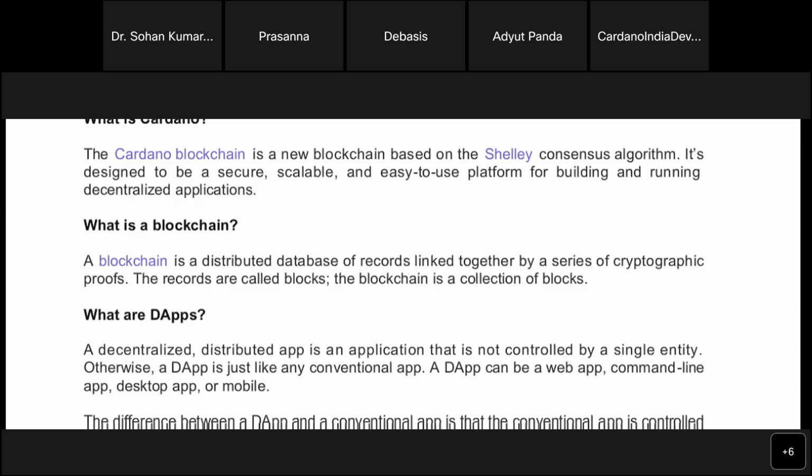In day-to-day life, a company's board of management can deliberately manipulate the budget, like the Satyam scandal. Those who have proof of stake can deliberately change things. How do we prevent that?